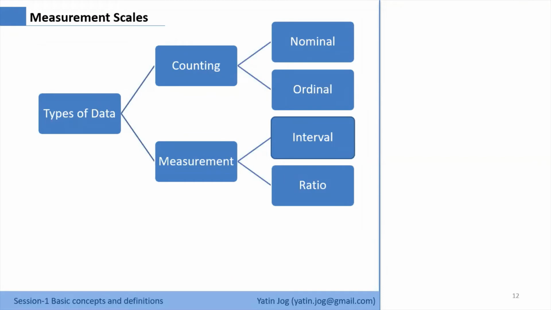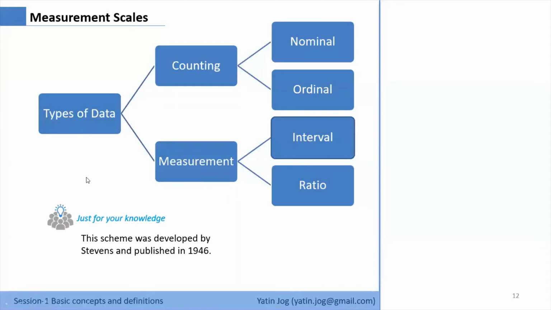But interval and ratio are based on the measurement principle, so we can add, subtract, multiply, divide, and do a lot of other things also. Mathematical operations are possible with measurement data types, and only counting is possible in the case of nominal and ordinal. Okay, fine. Now we'll start with the measurement scales.